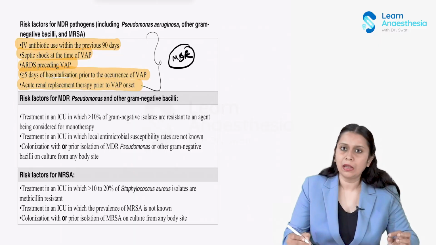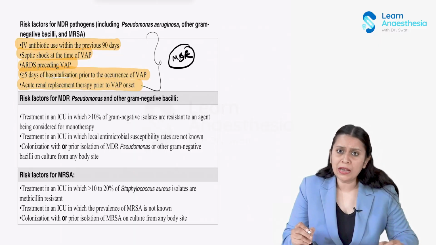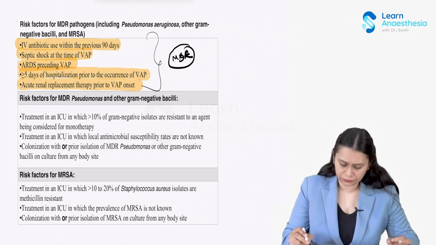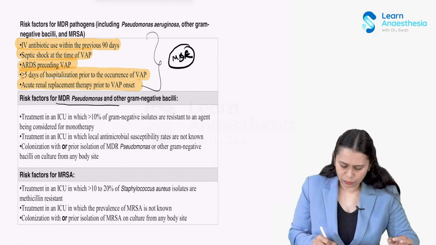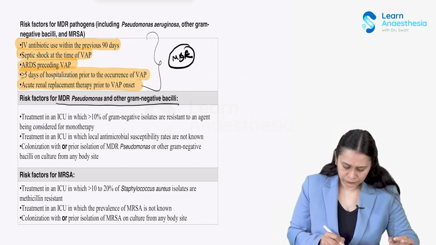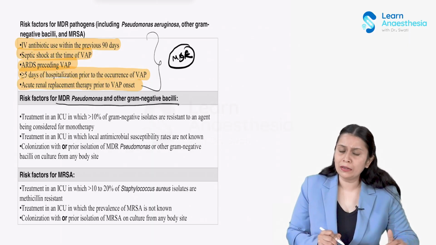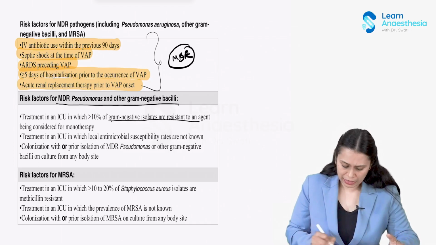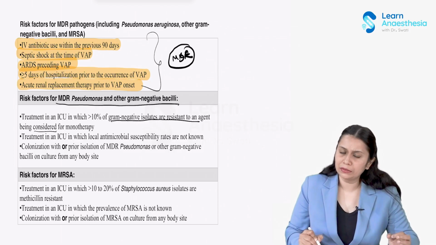In MDR pathogens, resistant Pseudomonas we need to identify, and MRSA, that is methicillin resistant Staphylococcus infection, we need to identify. So for MDR Pseudomonas and other gram-negative bacilli, if in the ICU where the patient is admitted, more than 10% of the gram-negative isolates are resistant to the antibiotic considered for monotherapy, then there is a high chance that MDR VAP would develop.